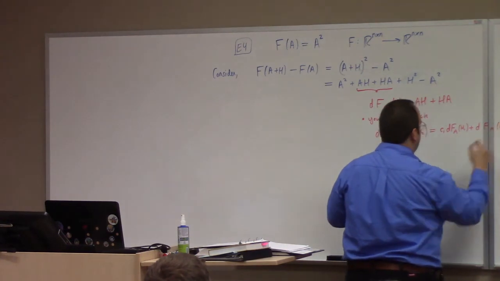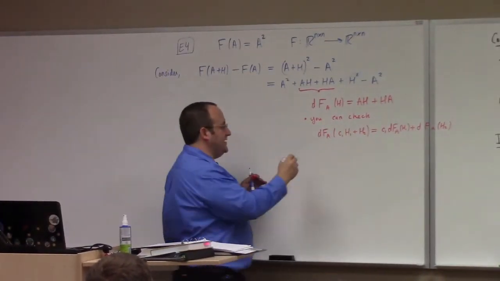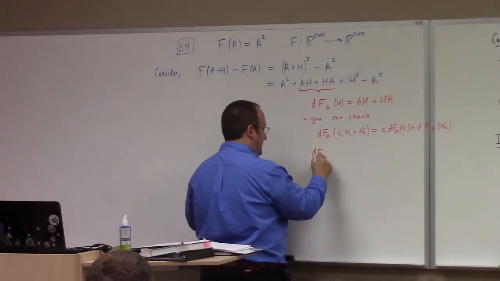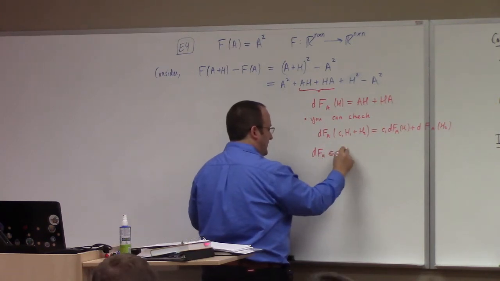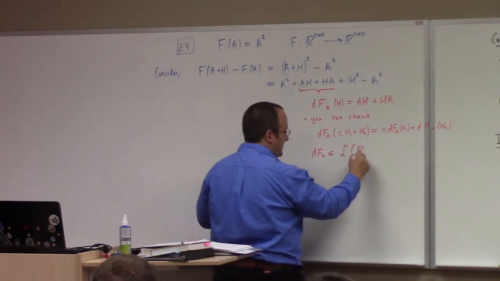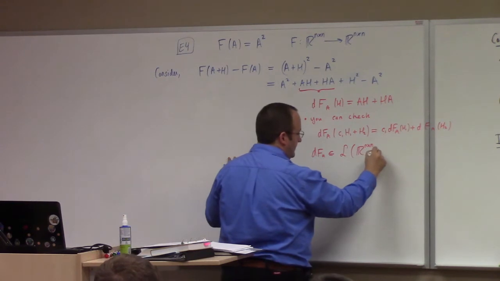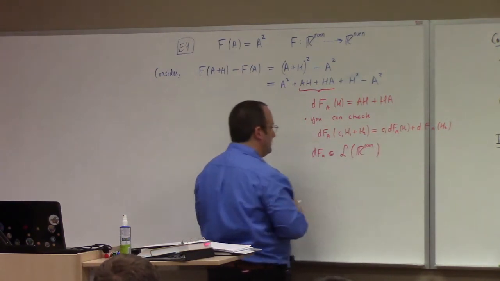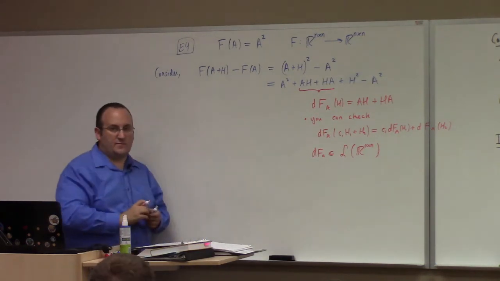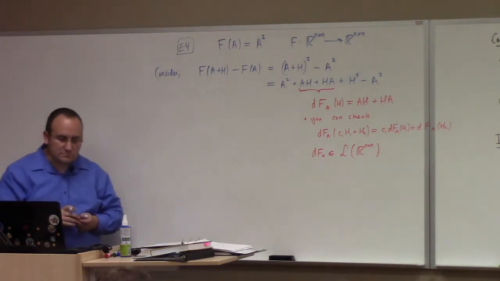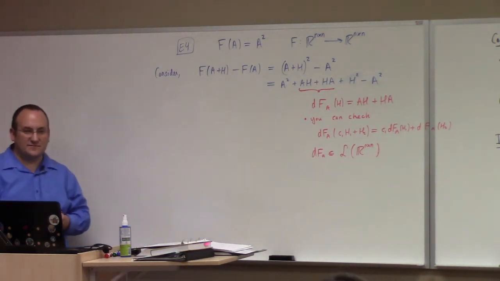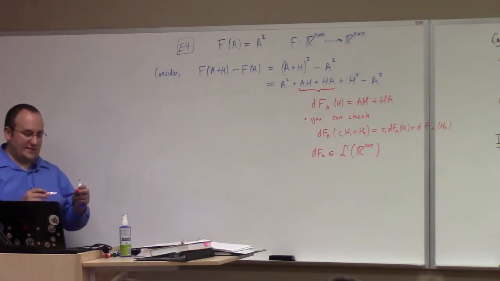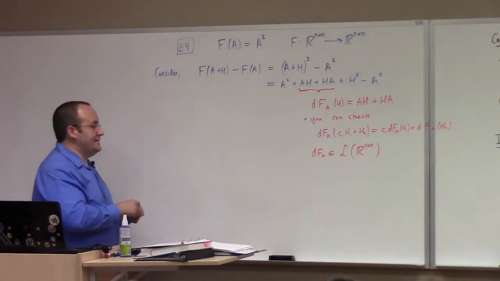In other words, you can check that df_A is an element of the linear transformations from R^(n by n) to R^(n by n). So it's an endomorphism of matrices. I'm not going to do that. It would take me 10 seconds, but I'm not going to do it.